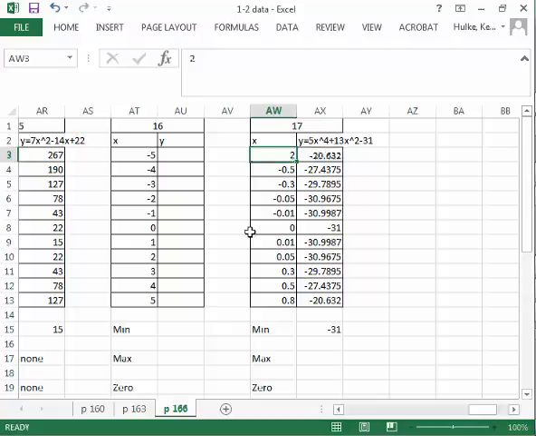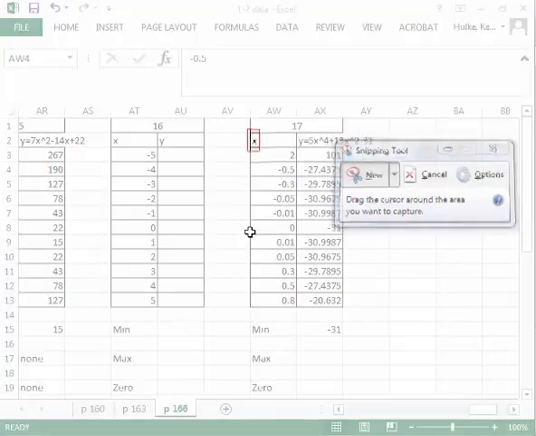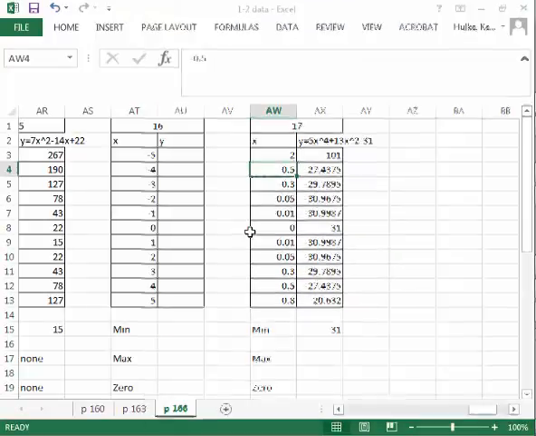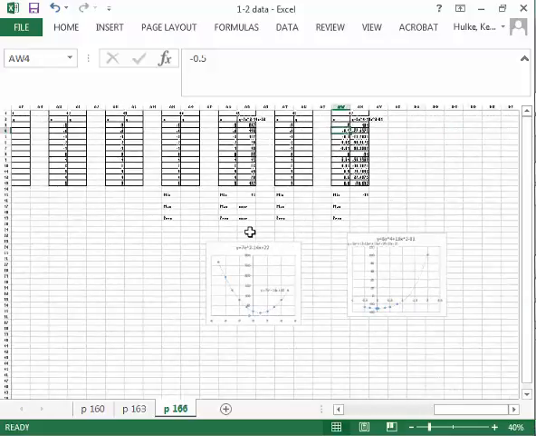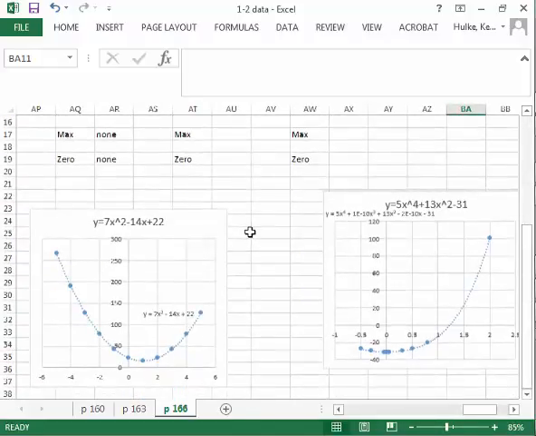If this is 2, okay, at 2 we're at 101. I'm going to show you what that means. Oops, I'm sorry. That shows us that on our graph it's going to cross somewhere between 1 and 1.5.